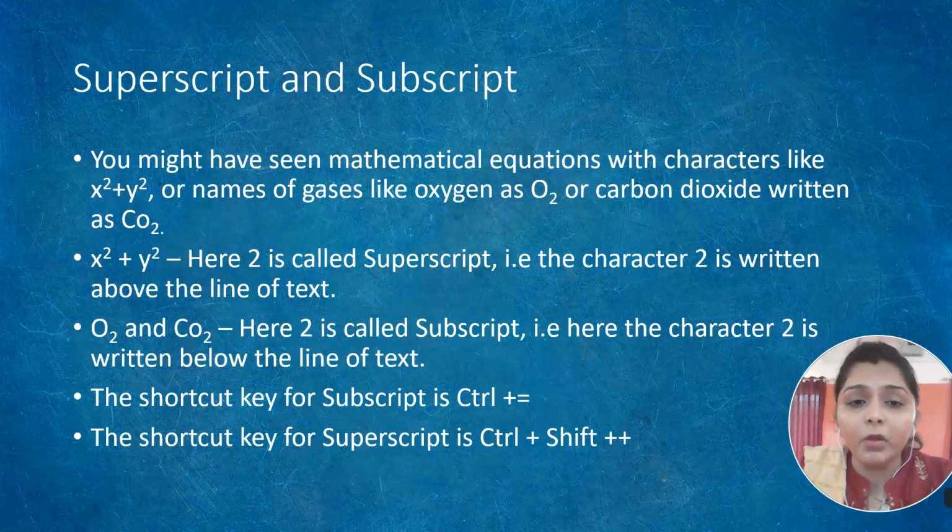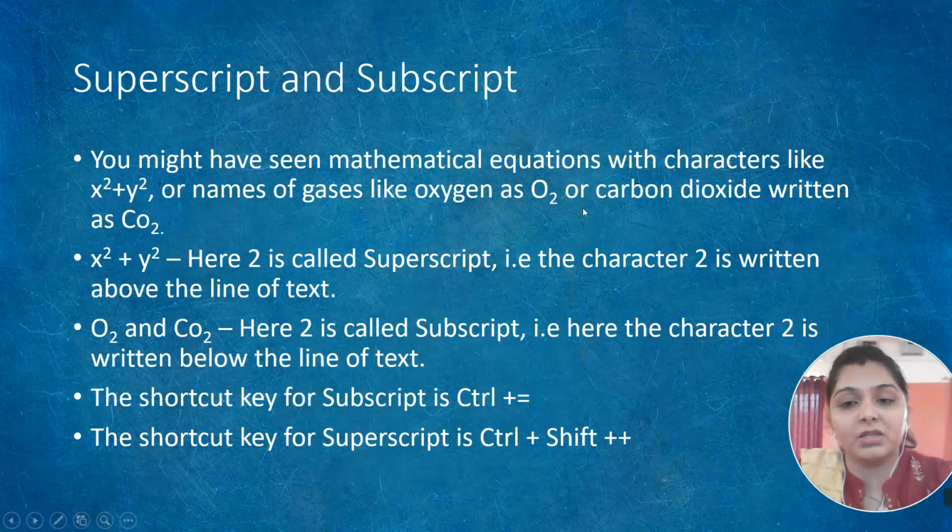Now, today we are going to learn about superscript and subscript. Dear children, you might have seen mathematical equations like x2 plus y2, or names of gases like oxygen as O2 or carbon dioxide written as CO2, in your science and maths. In x2 plus y2, the 2 is called the superscript, that is, the character 2 is written above the line of the text.